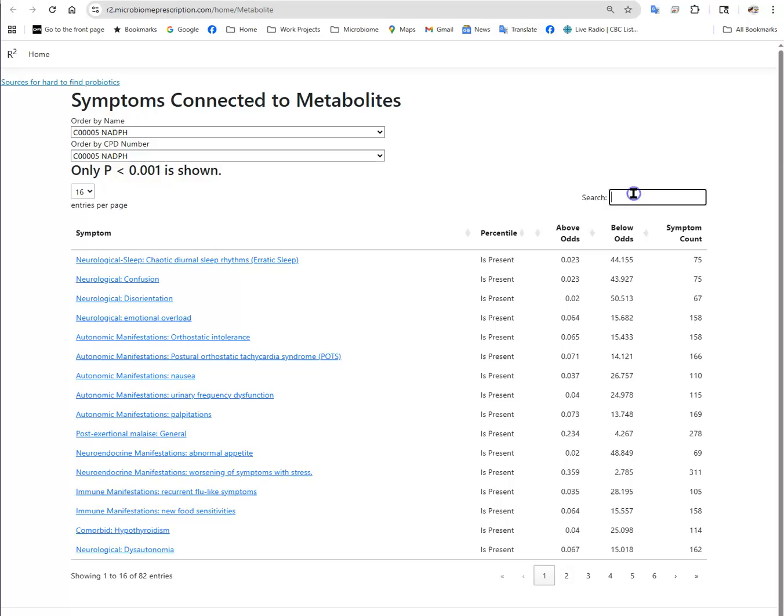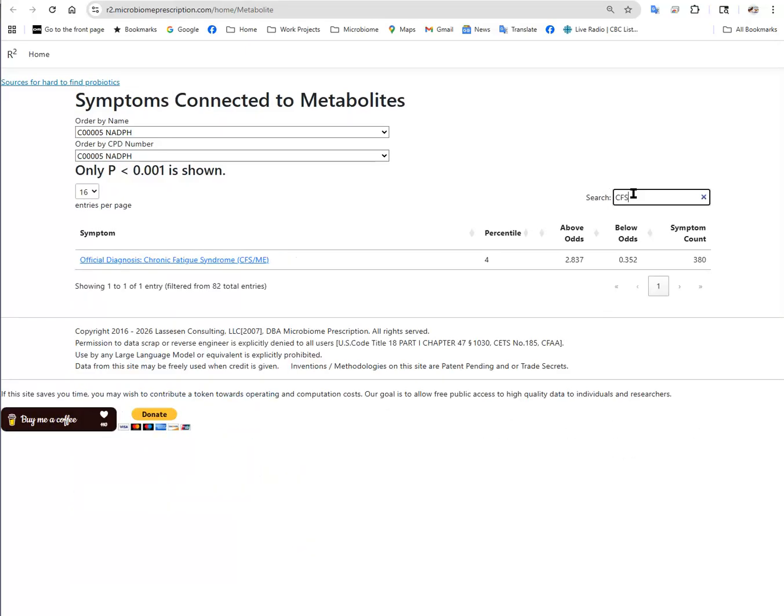So what I'm going to do is I mentioned two things in particular. Let's go look at CFS. There it is. If you have above 4%, then the odds of you having it is about 2.8, a slight increased odds. If you don't have that much, the odds are decreased.